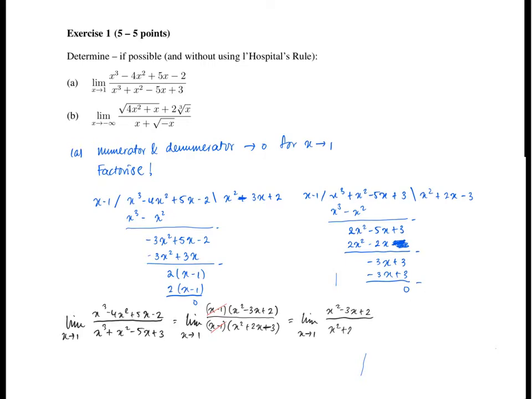Notice, however, that again numerator and denominator tend to 0 as x tends to 1. So looking at these terms more closely, we may again factorize and take out the term x minus 1 from numerator and denominator.